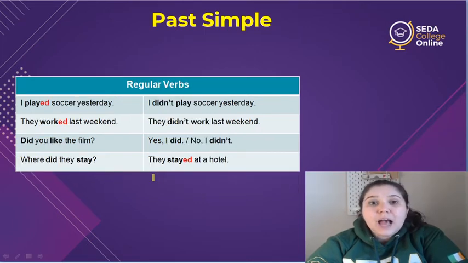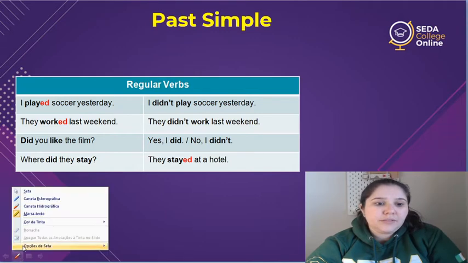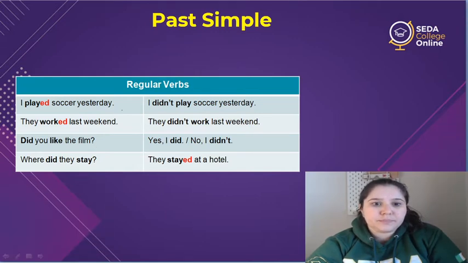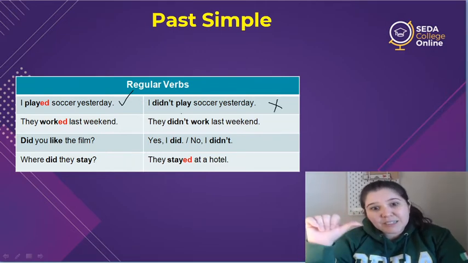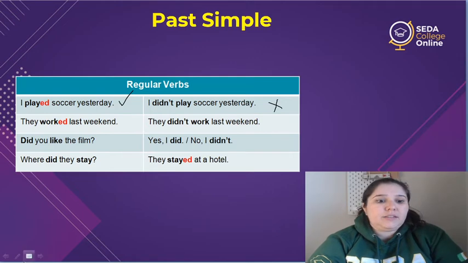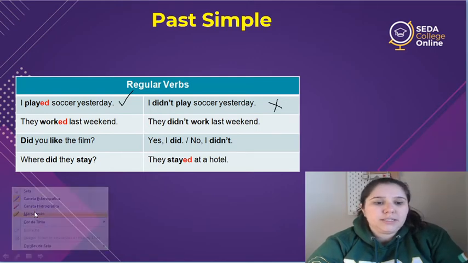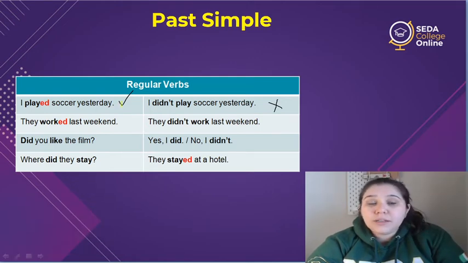Regular verbs, affirmative sentences. I played soccer yesterday. So this is the affirmative sentence. And then we have the negative sentence. I didn't play soccer yesterday. What's important to notice here? When we are making an affirmative sentence, we add ed at the end of the verb.